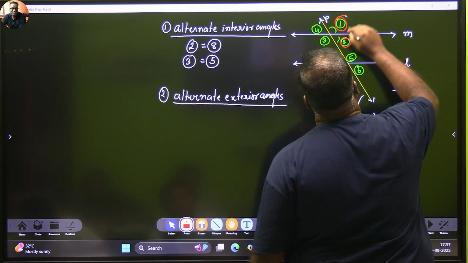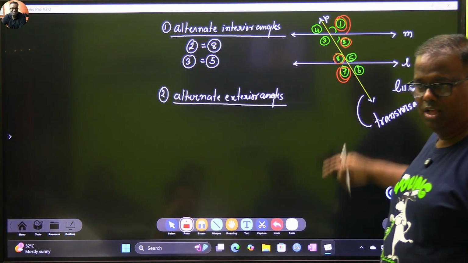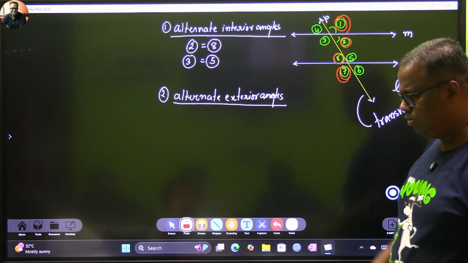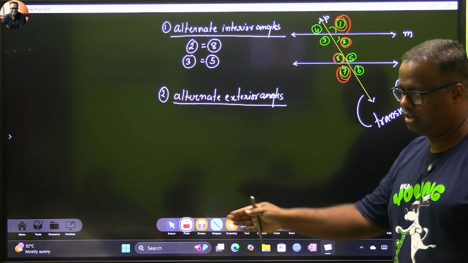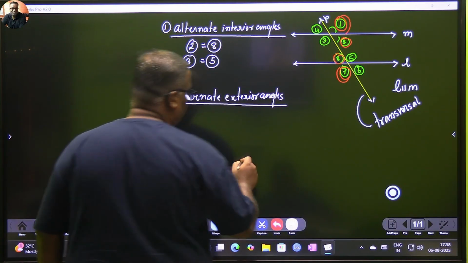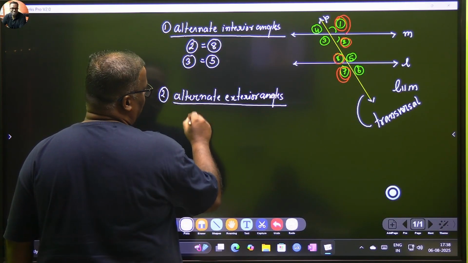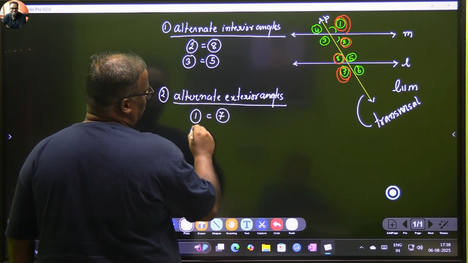I'm doing a double circle here. These are alternate exterior angles, meaning they should be in the exterior and they should be alternate. Have you played those line games in childhood? Hopscotch, it's like that. 4 and 6 also, absolutely right. So let's write it: 1 will be equal to 7, and similarly 4 will be equal to 6.